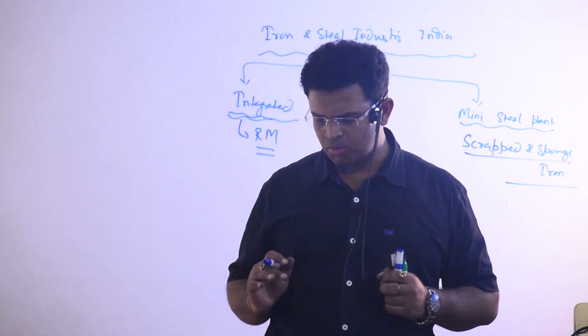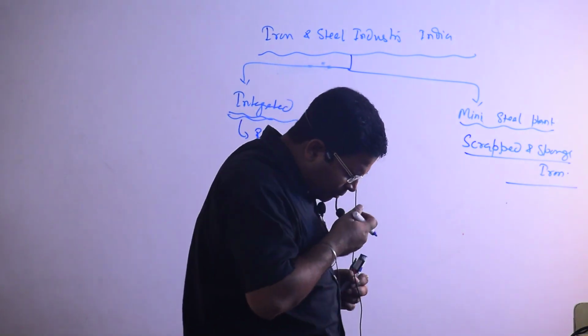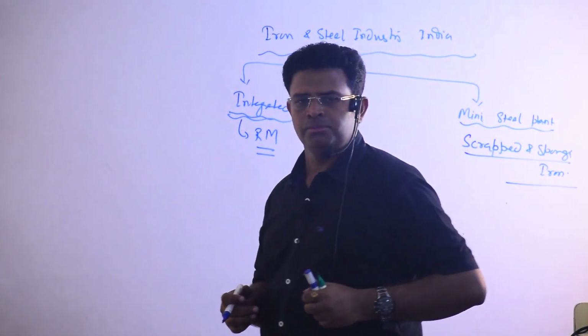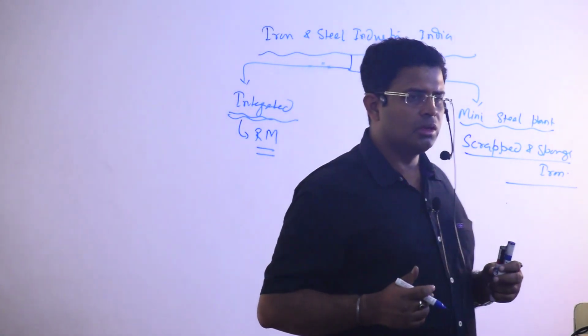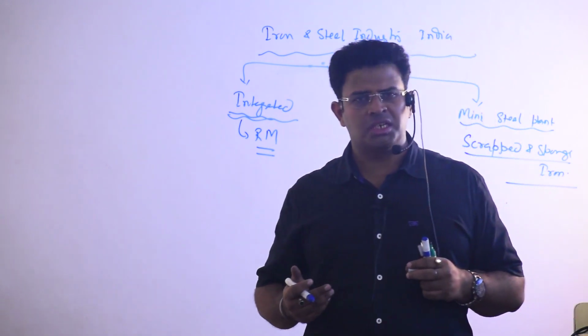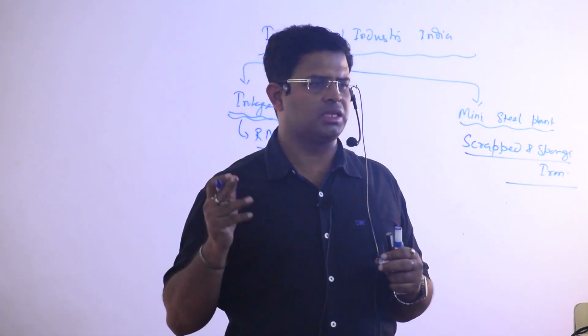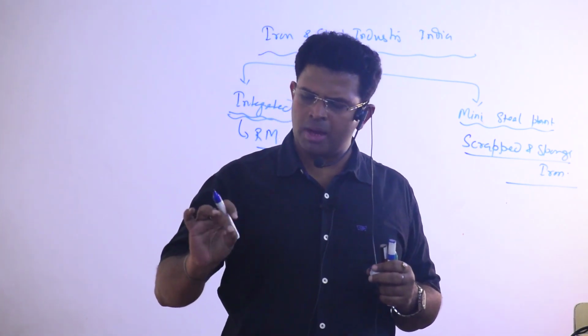Yes, mini steel plant किसको सर्व कर रहा है? Automobile industry. तो आज के डेट में automobile industry in every state's capital there is. So again, automobile industry के लिए क्या चाहिए?